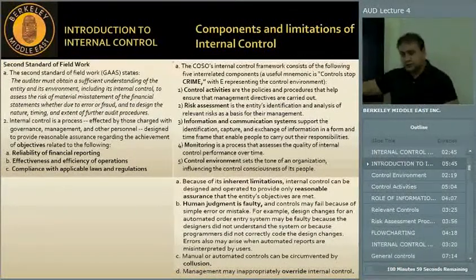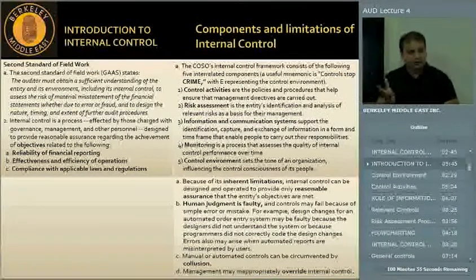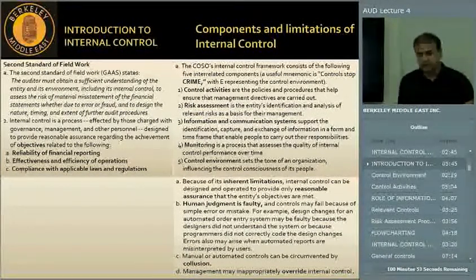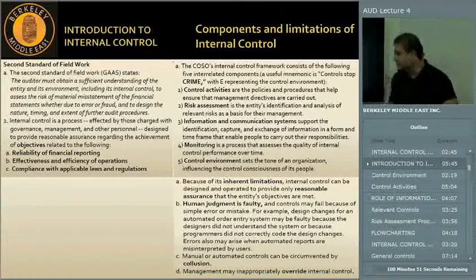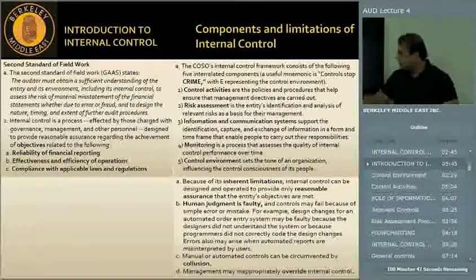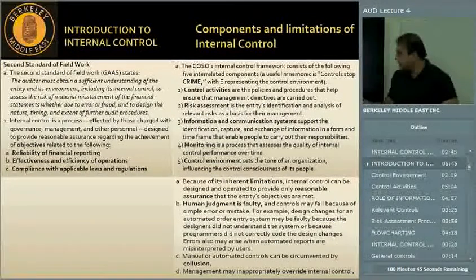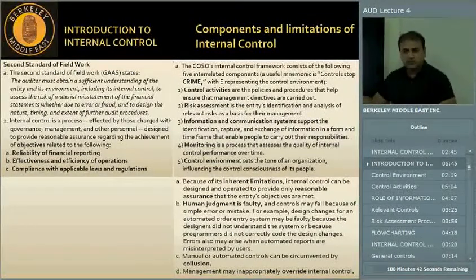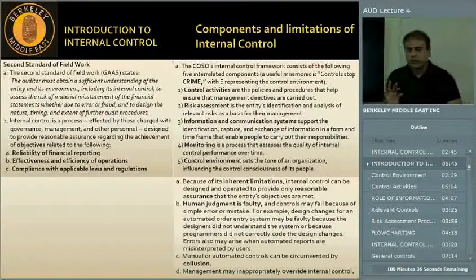The first is human judgment, where the auditor is unable to find the right things by using the test of controls, and it may be a conclusion of manual or automated controls. And most of the time management overrides the policies by themselves. So that's why internal control starts with the management itself.